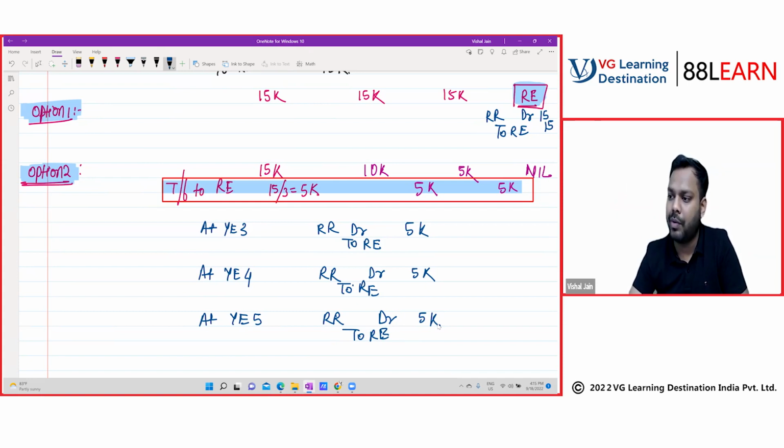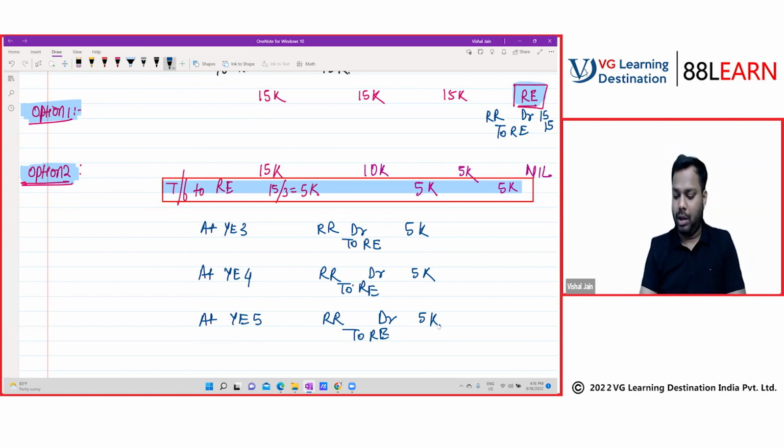The transfer amount to RE will be 15K only, but it's not about 15K only; I've taken this example. Whatever is the amount of revaluation reserve at the time of disposal, you will transfer that to RE. Is it clear, everyone?